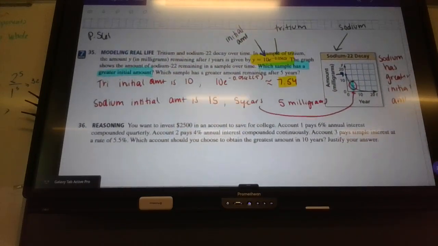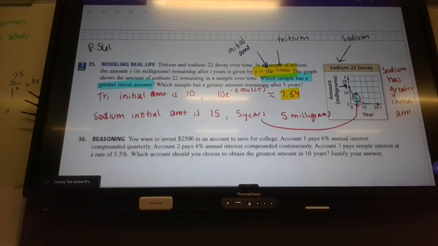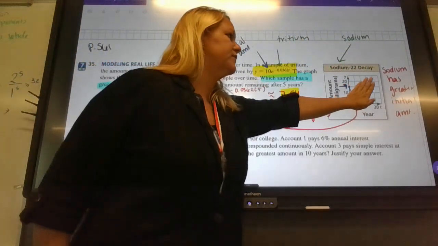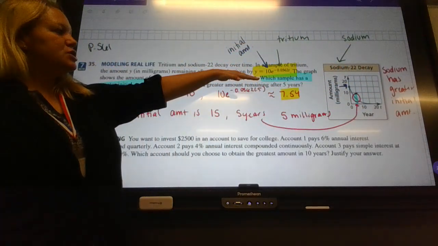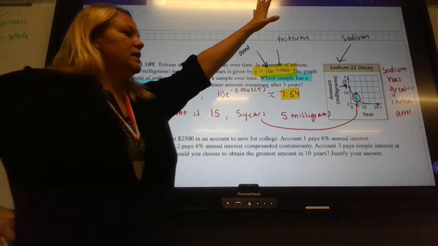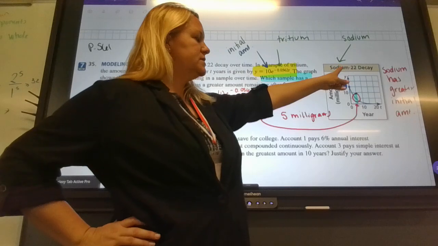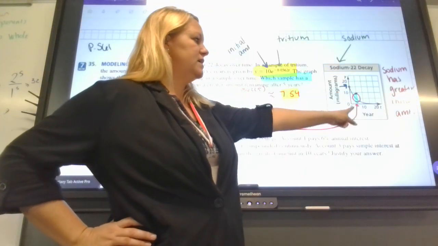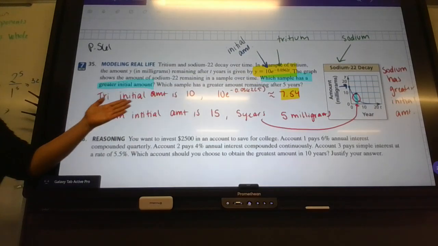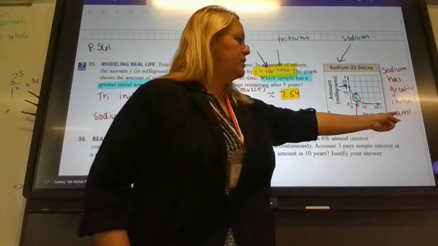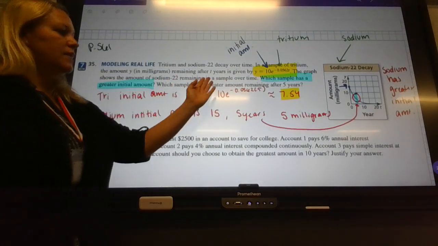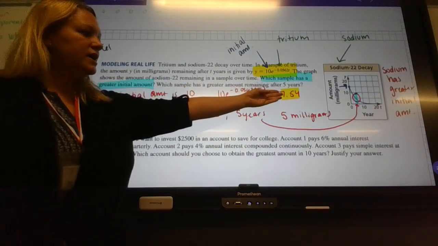So, all right, here's 35. It was comparing this equation to this graph. The initial amount in this equation is 10, and this is tritium. The initial amount in this graph, which is sodium, was 15, the y-intercept. Which sample has a greater initial amount? The sodium has a greater initial amount because it's 15. However, which sample has the greater amount remaining after 5 years?